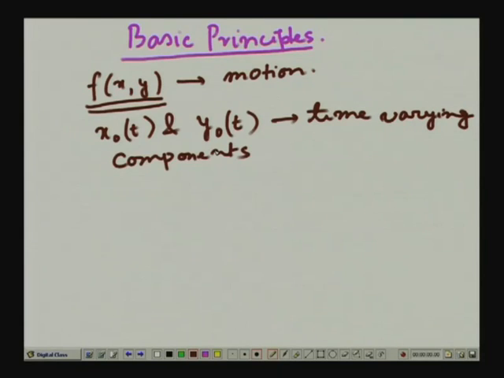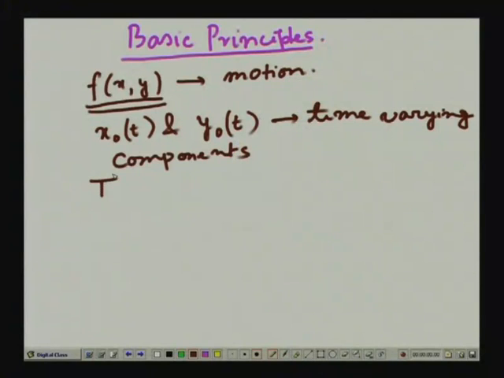Once the object is moving, the total exposure at any point in the imaging plane can be obtained by an integration operation, where the integration is done over the period during which the shutter remains open.